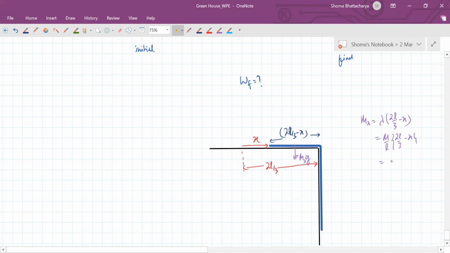So it is going to be 2m by 3 minus m by L into x. That is the mass of this section. So the normal reaction acting on this section will be equal to the weight. So the normal reaction will be like this.